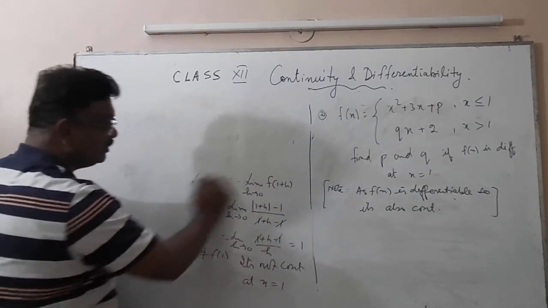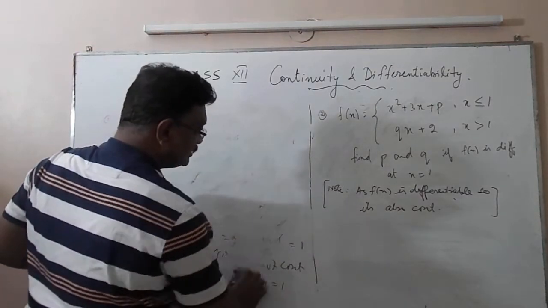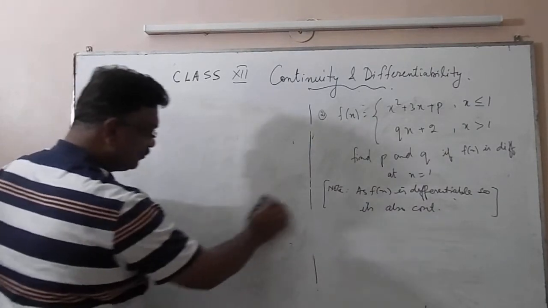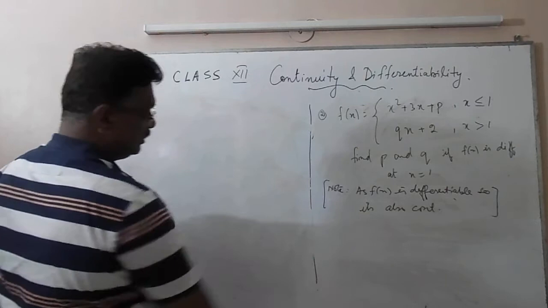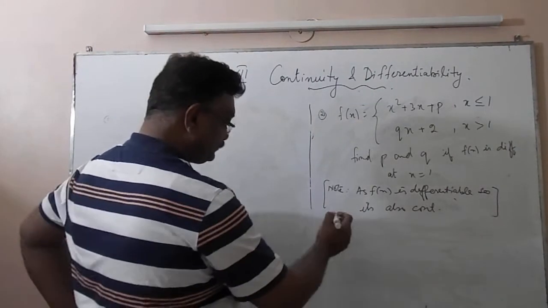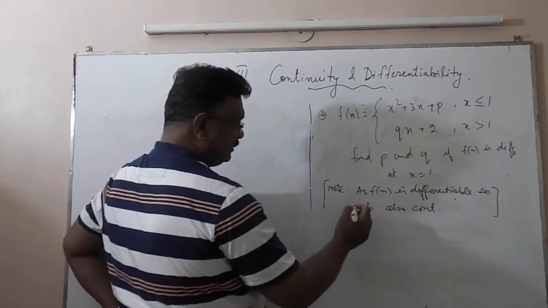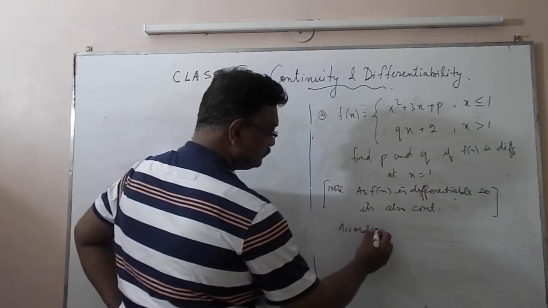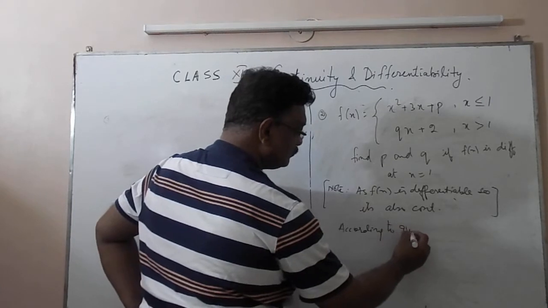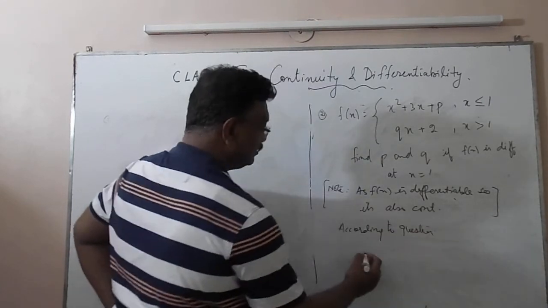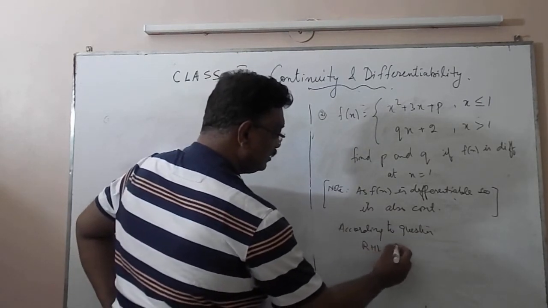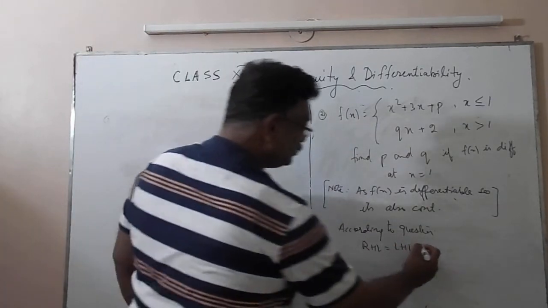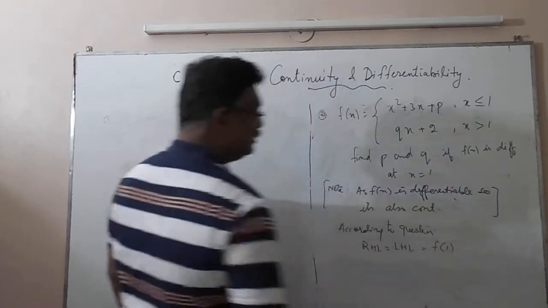See again, the important note is that as f(x) is differentiable at the given point, it is also continuous at that point. So firstly, we will say, according to the question, right hand limit is equal to the left hand limit is equal to the value of the function at the point.